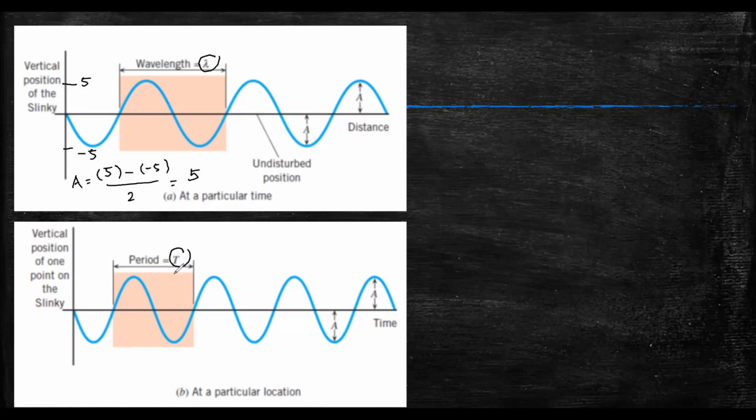The frequency is related to the period and has a unit of hertz, or s raised to negative 1. And we know from simple harmonic motion that frequency is equal to the reciprocal of the period.